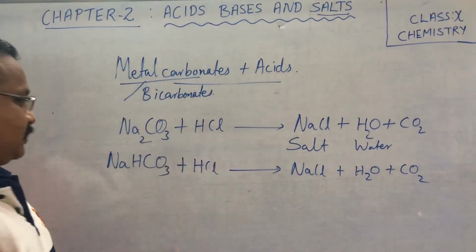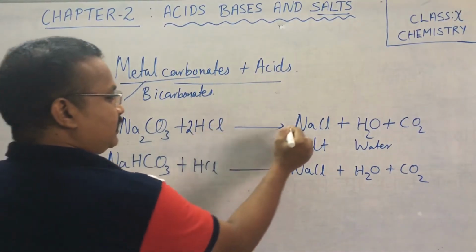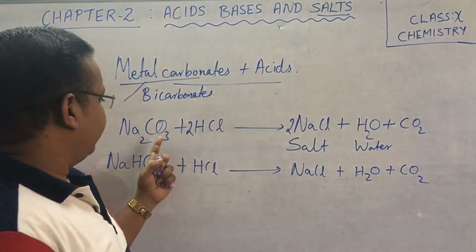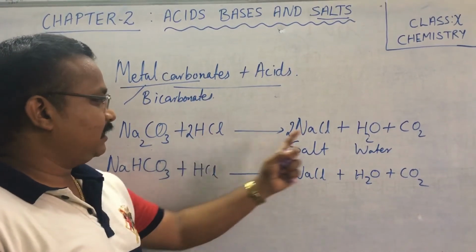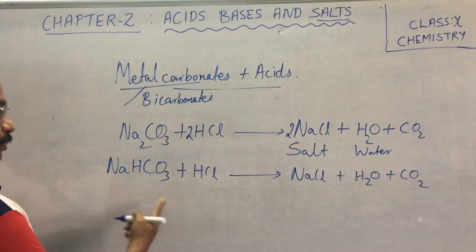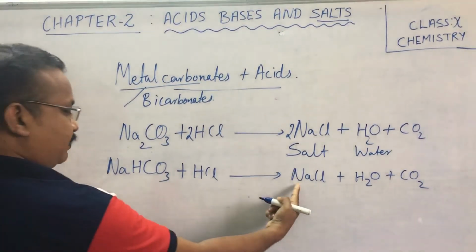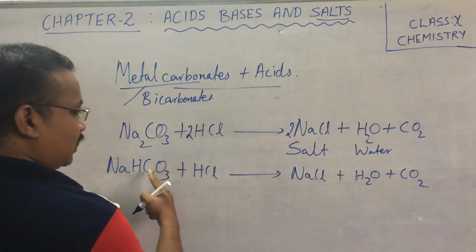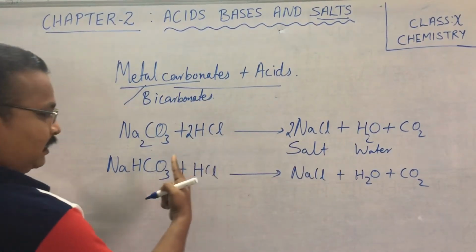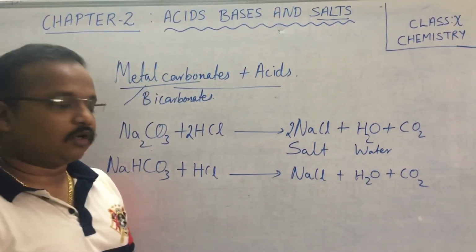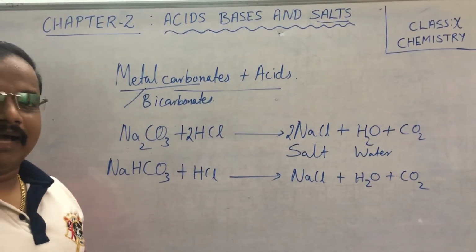Now this first equation is not balanced. This is 2HCl and 2NaCl, because Na2, now 2Na, here HCl, H2, CO2. Alright. Now here no need to balance, because sodium is 1, hydrogen 2, then carbon is 1, then CO3, 2 plus 1, 3. So the second equation is a balanced equation.